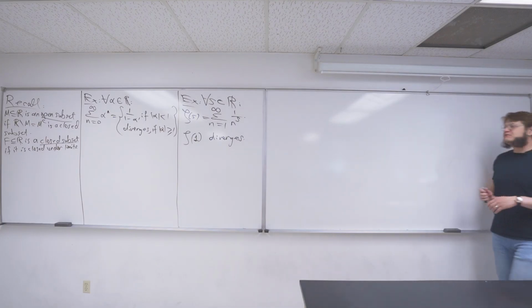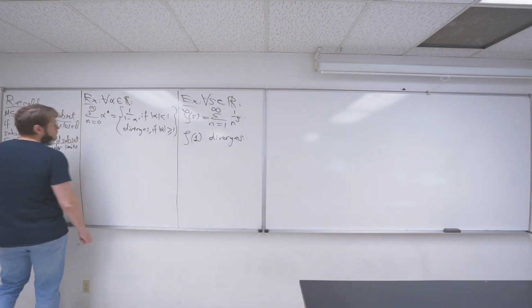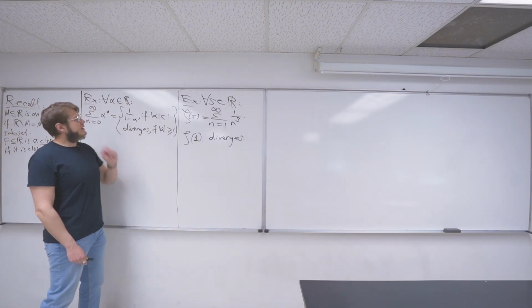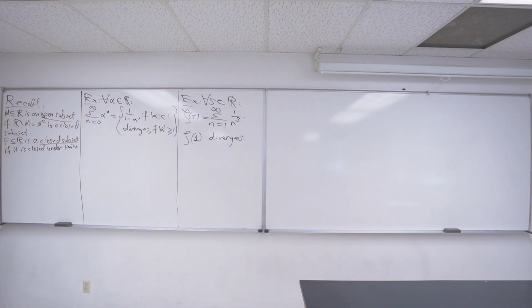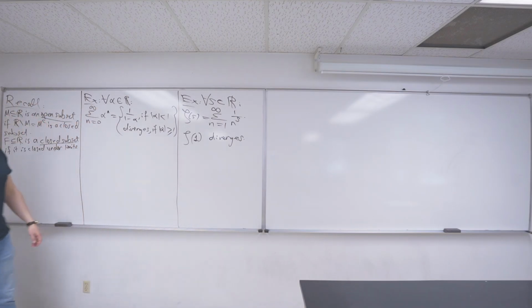And we realized that this sum converges if and only if alpha in absolute value is less than 1. And indeed, it converges to the number 1 over 1 minus alpha. And we saw that this diverges otherwise. So this is the geometric series example.